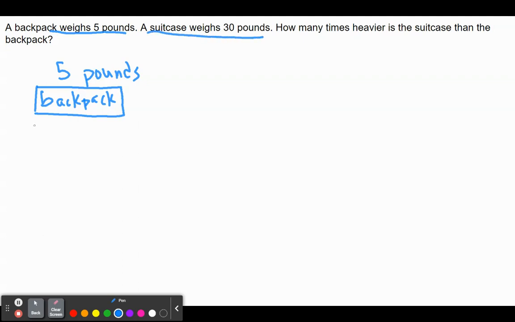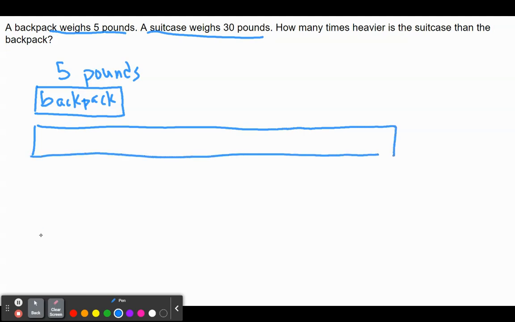So our suitcase weighs 30 pounds. I'm going to write this right over here to kind of approximate that. And this is our suitcase, pounds. So this is how we're going to represent it in strips. How many times heavier is a suitcase than the backpack?